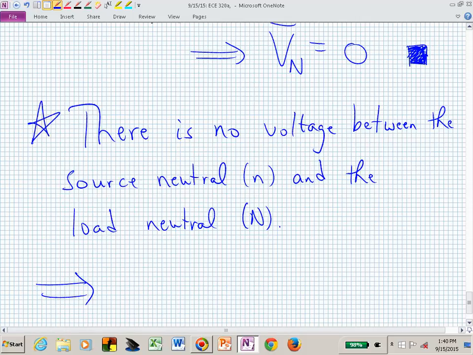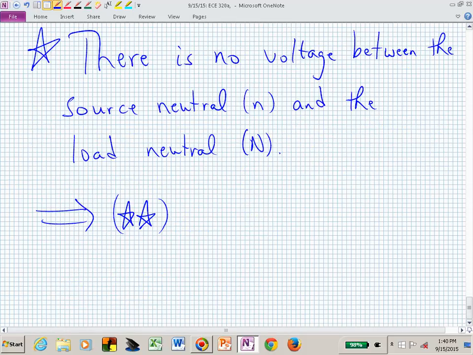If there's no voltage dropped across that neutral conductor or that impedance of Z sub 0, how much current is flowing? No current is flowing in that neutral conductor.